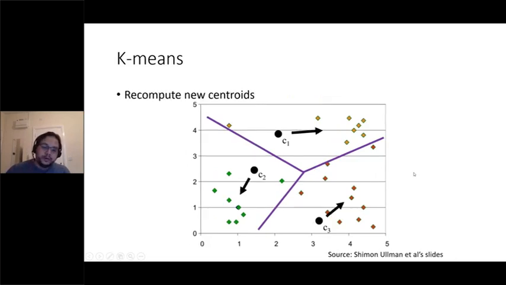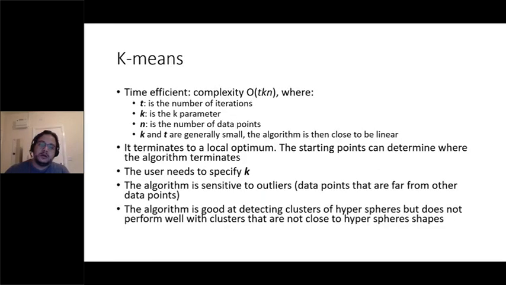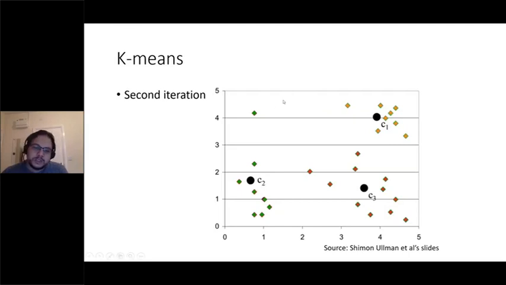Then we recompute the new centroids. They will move to the middle, more or less, because we average all the points and find the gravity center of these data points. So it will move somewhere in here. This one will move somewhere in here, and this one will move somewhere around here. The centroids moved, and then we recompute the distances, and the new clusters will be modified a little bit.